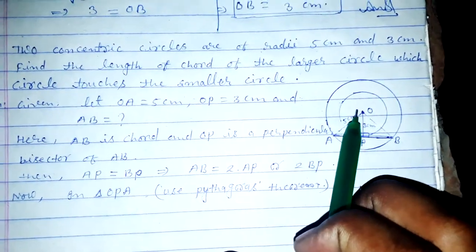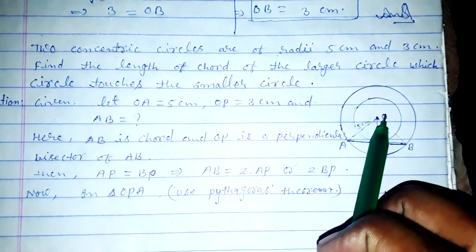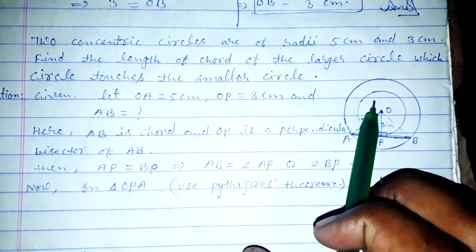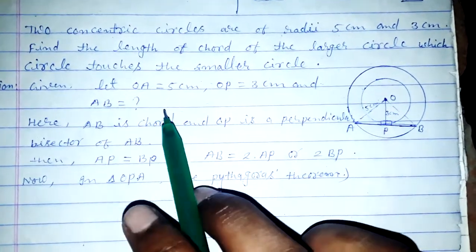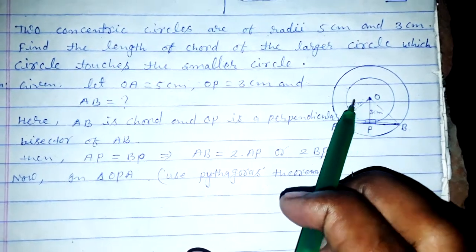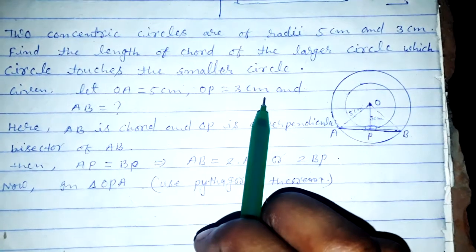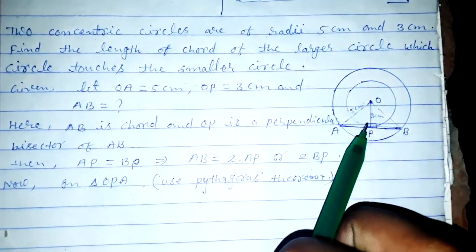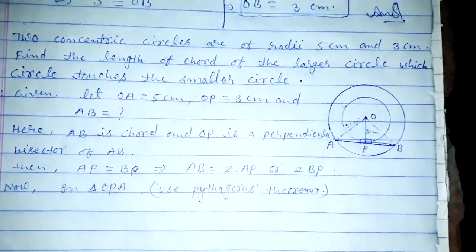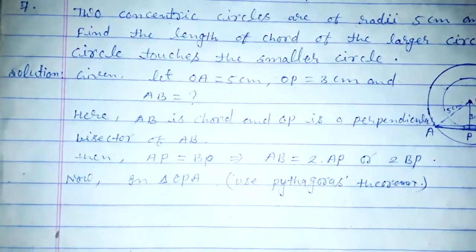Two concentric circles. The meaning of concentric circles is that they have a common center. So here OA is equal to 5 centimeter, the radius of the big circle, and OP is 3 centimeter, the radius of the small circle, and AB is the chord, which touches the small circle.